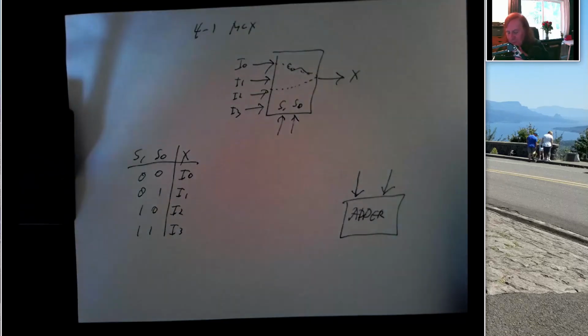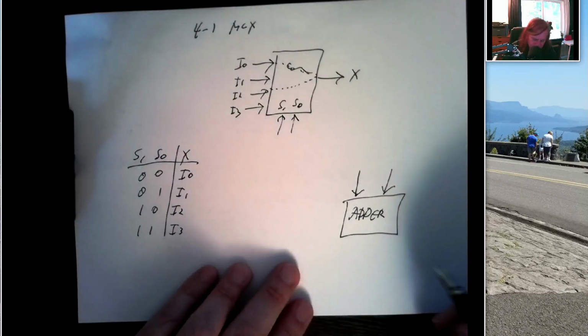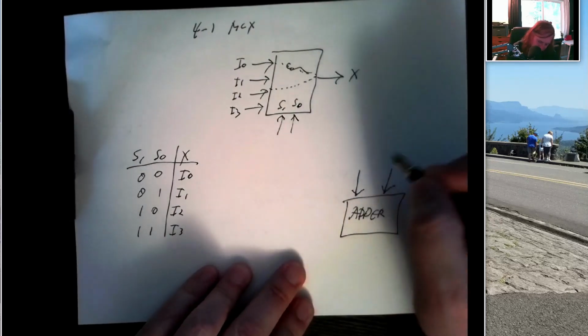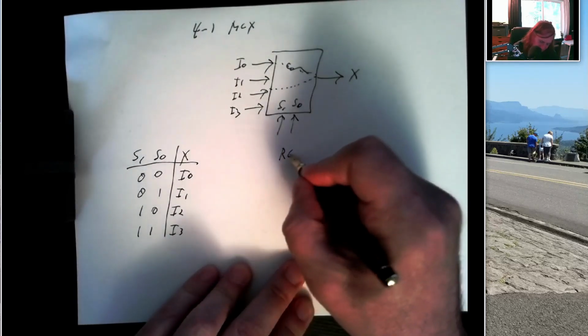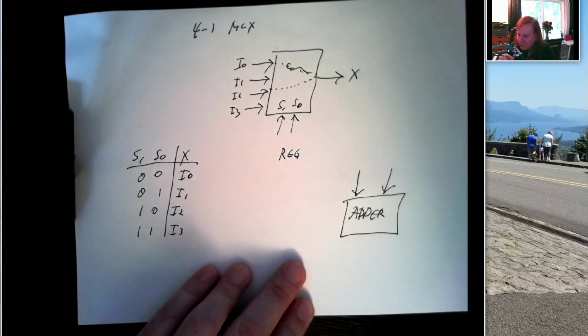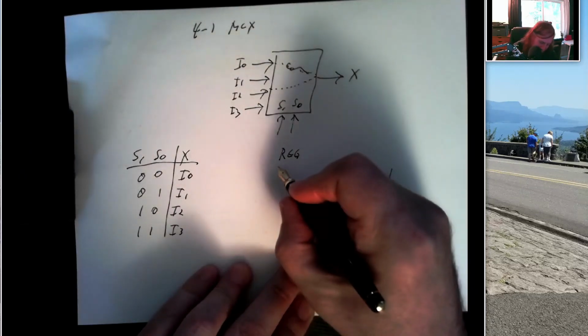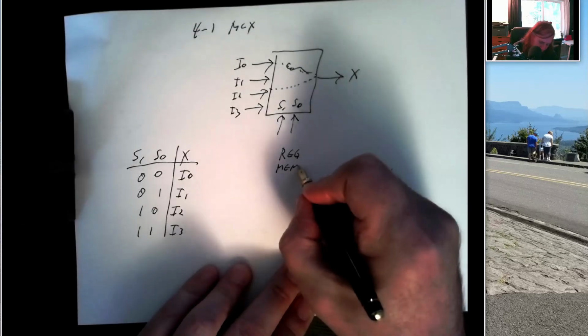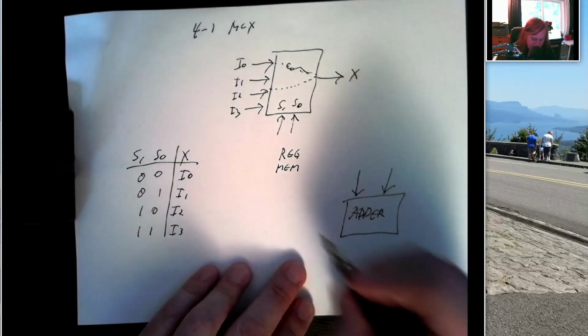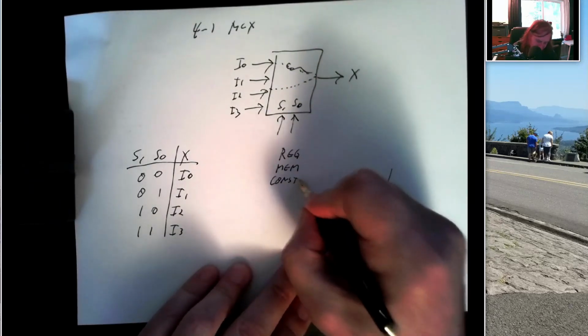Well, maybe we want to add something from a register, you know, small internal piece of memory inside the CPU. Or maybe we want to add a value from our main memory. Or maybe we want to add some constant value.